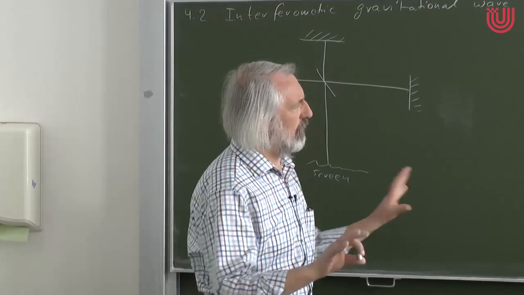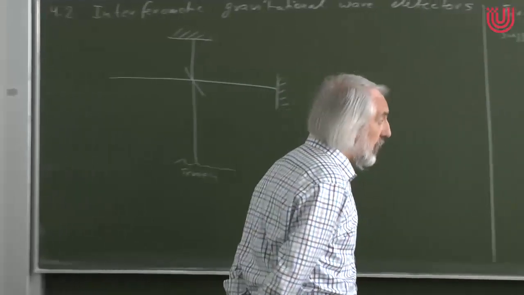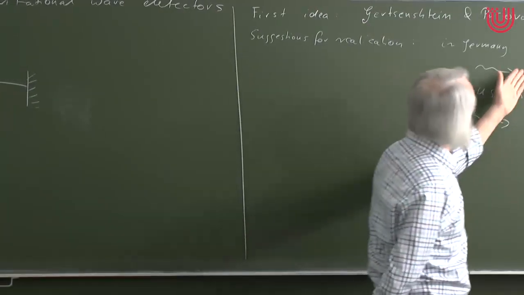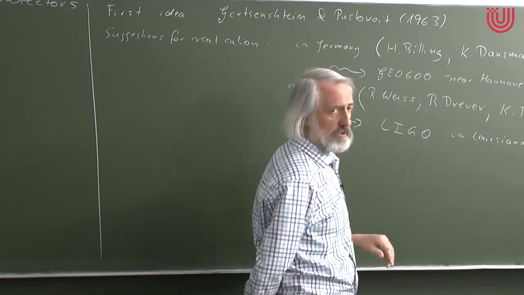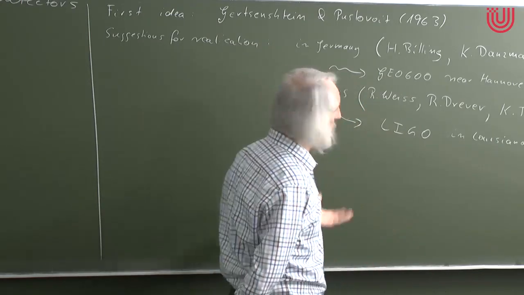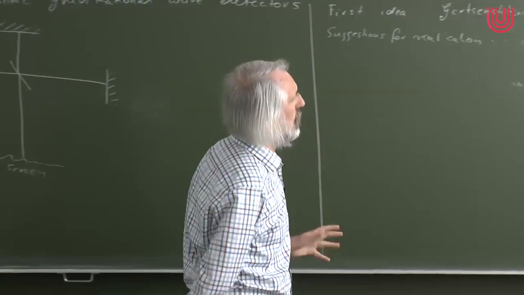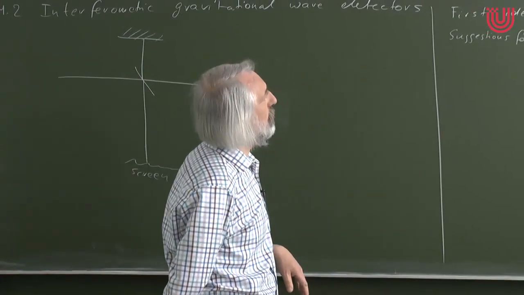But this was always closely coordinated from the very beginning. It was the idea that these detectors should work together, so that they share the data and that everything should be done in close collaboration.